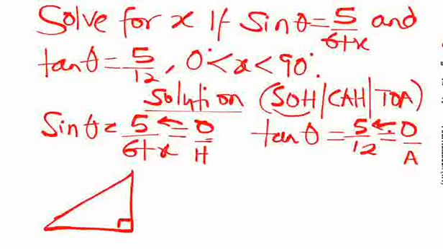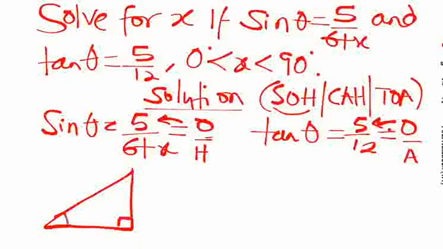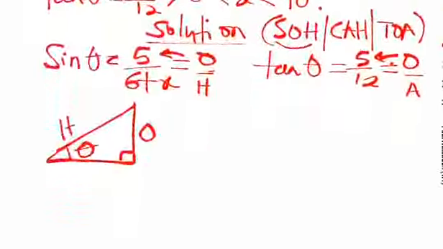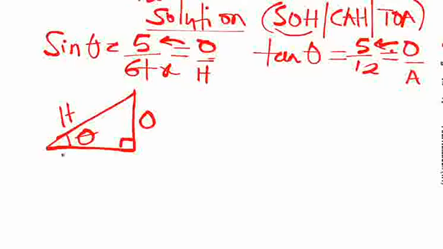Let this be the right angle triangle, and then let our angle be here. If our angle is here, it follows that this is going to be the opposite, this is going to be the hypotenuse, and this is going to be the adjacent.